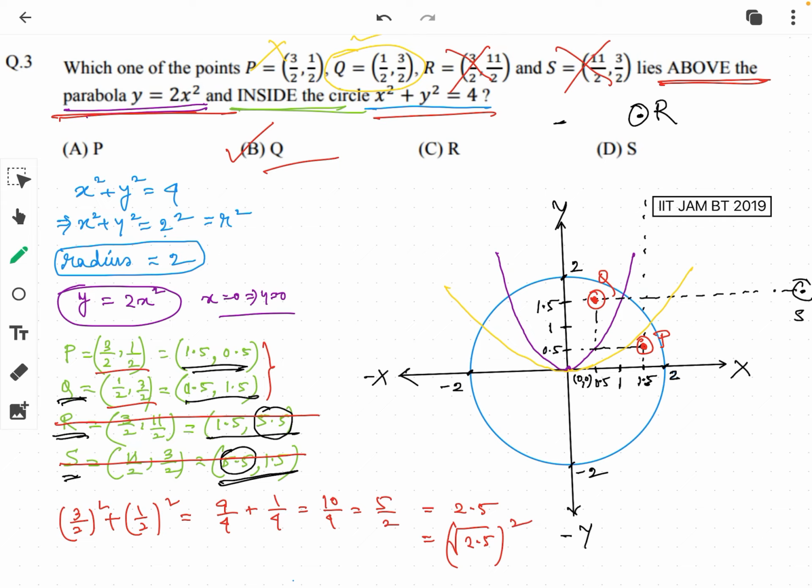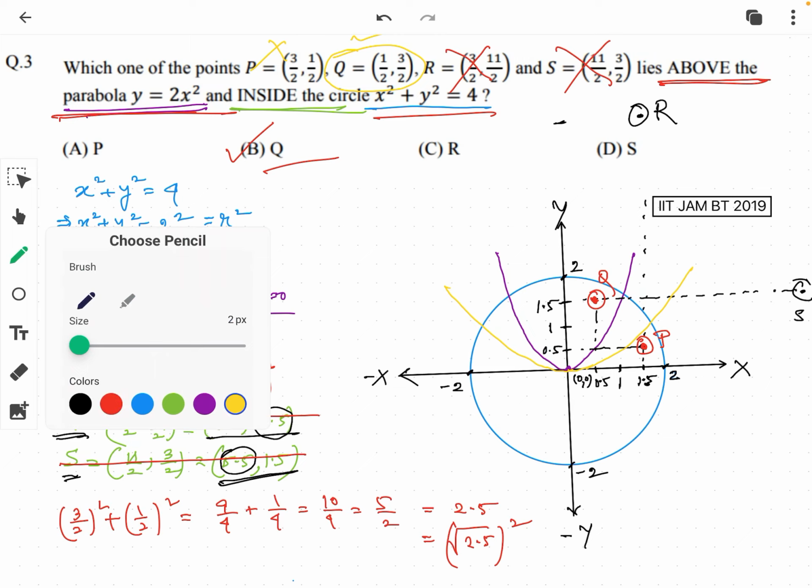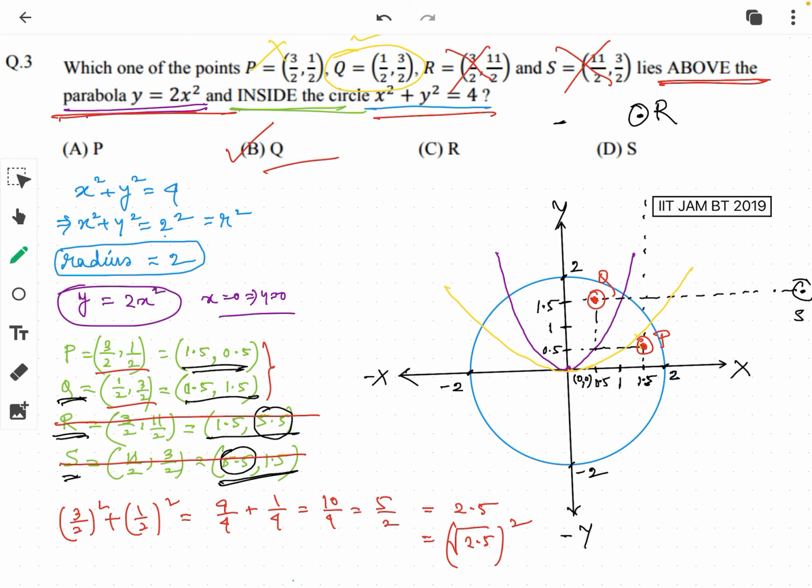So here the radius of the circle which has the equation 3 by 2 square plus half square equal root over 2.5 square is root over 2.5, right? That means the circle would be like this.